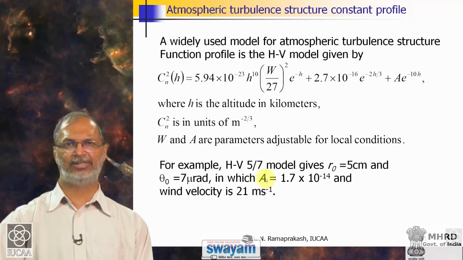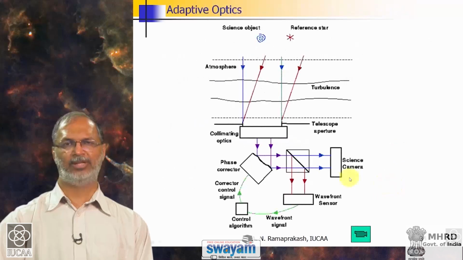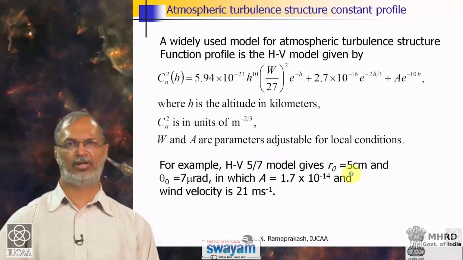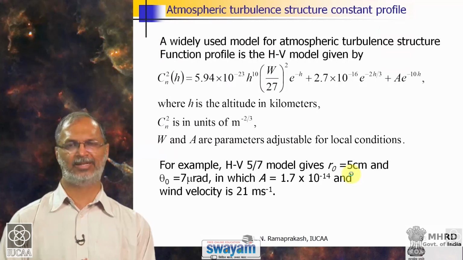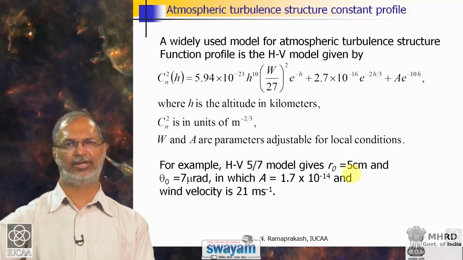Under those conditions, we plug these numbers into this, and you end up getting r0 and theta 0 of this order. So, that is how atmosphere properties are characterized. Now that we understand how that is characterized, we need to understand how we can correct for this atmospheric effect.